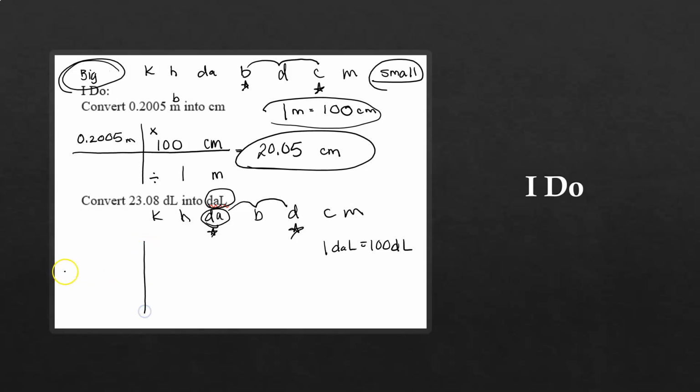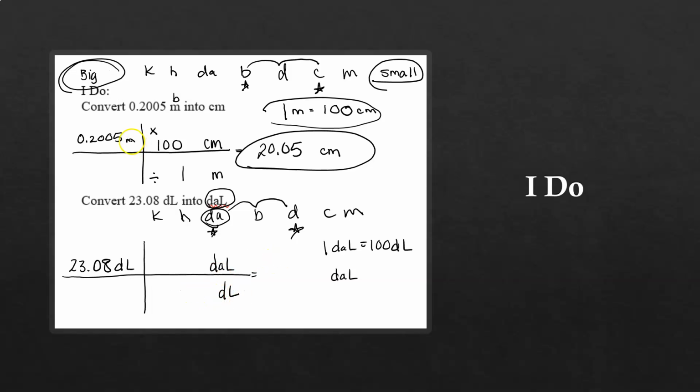Setting up our train track. Our given, or what we start with, goes in the beginning, 23.08 decaliters. What we want to find, deciliters, goes at the end. Trade them. Okay, so deciliters on the top, decaliters on the bottom.